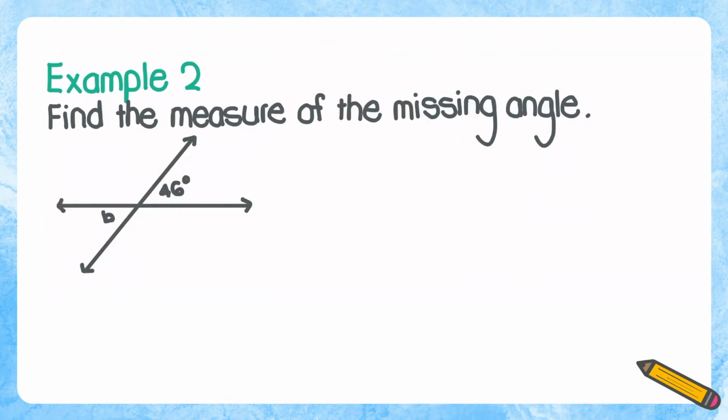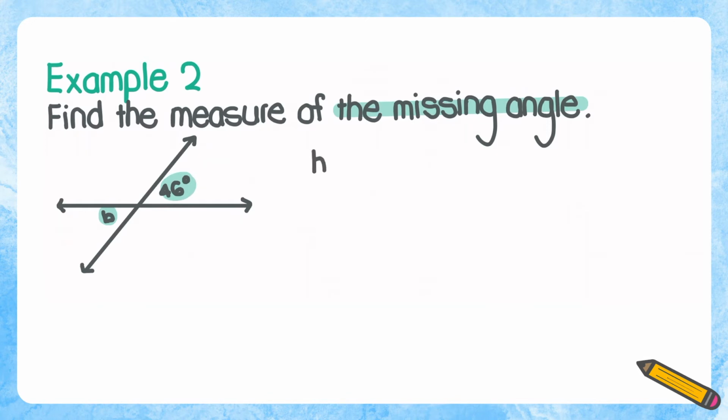Here's our second example. Again, it asks us to find the measure of the missing angle. So the missing angle in this example is the angle B. Notice how right across from it is 46 degrees.